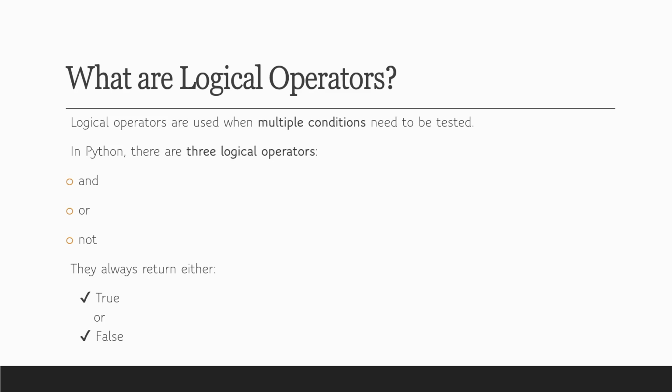Logical operators always return either true or false. This means whenever we use them in a condition, the final result will be a Boolean value. They are very useful in decision making and help the program choose the correct path based on multiple conditions. So remember, logical operators test more than one condition and always give the result as either true or false.